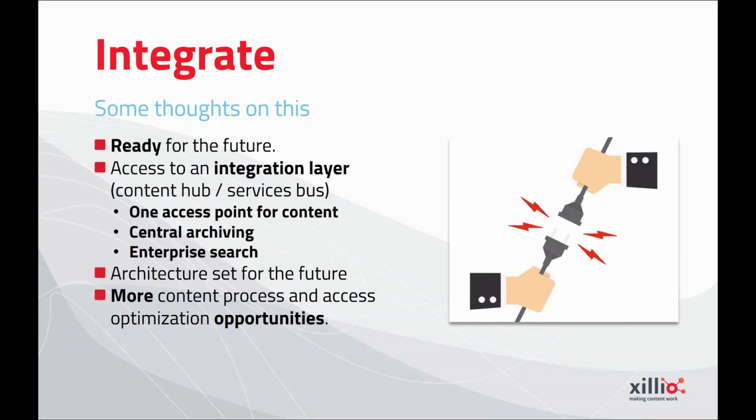You can create a connector from all those sources to the archive, or you can use one layer in between. And the same with enterprise search, of course. We see it's really an architecture set for the future, and you can use it to optimize more and see more opportunities of this if you have a roadmap towards your optimized digital workplace.